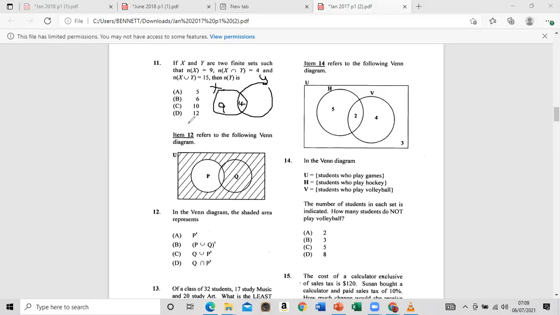So we can just write back what we know. Start over here. So the union is equal to X plus Y minus the intersection, and then we just take it from there.